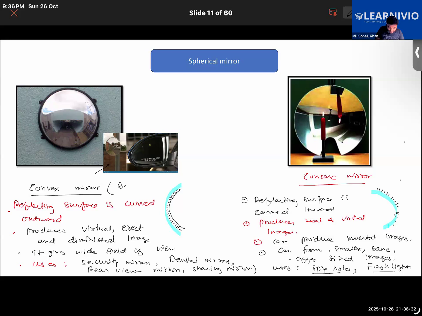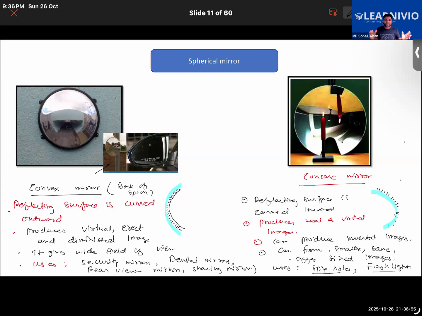Further, they are used in vehicles' rear view mirrors. There it always forms a virtual, erect, and a diminished image. Then it gives a wide field of view.